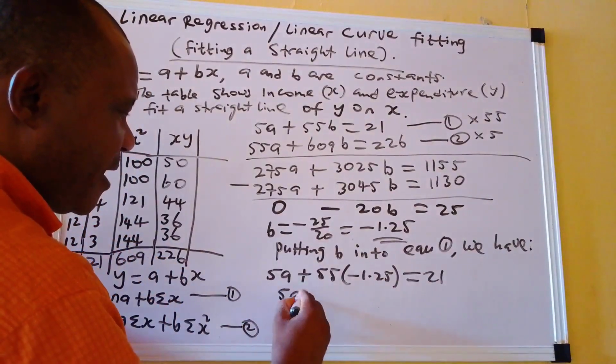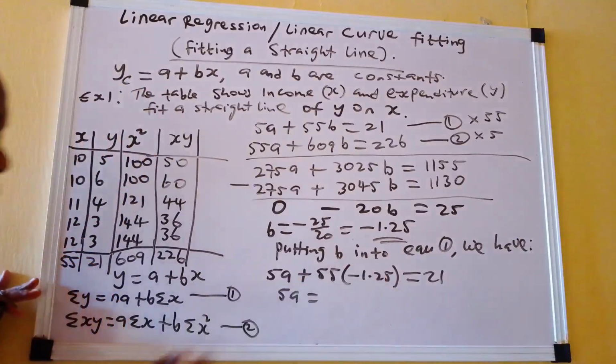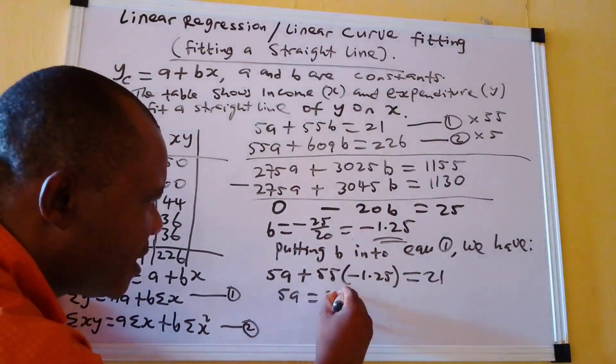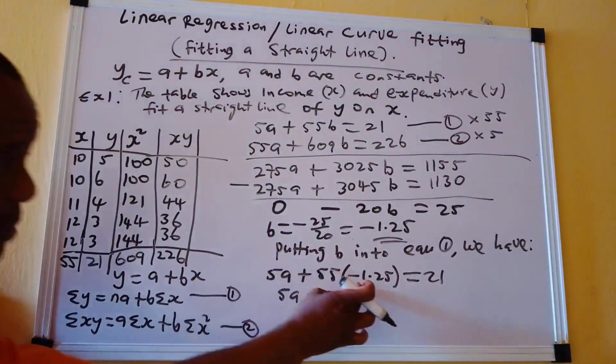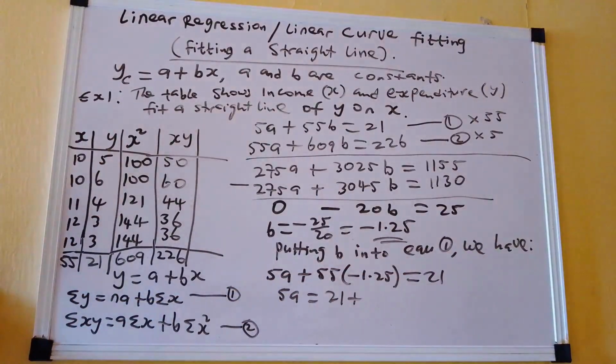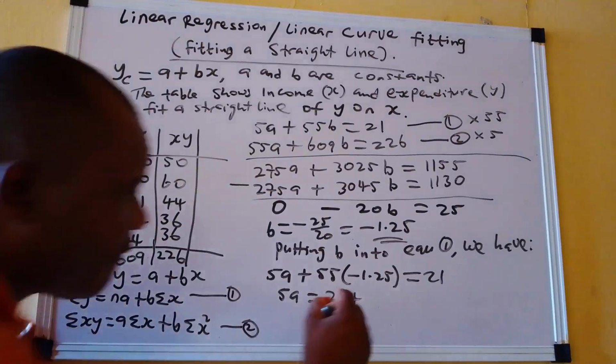So 5A alone will be equal to 21 plus, now 55 multiplied by minus 1.25 will be minus 68.75. When it crosses to the other side, it becomes positive, plus 68.75.